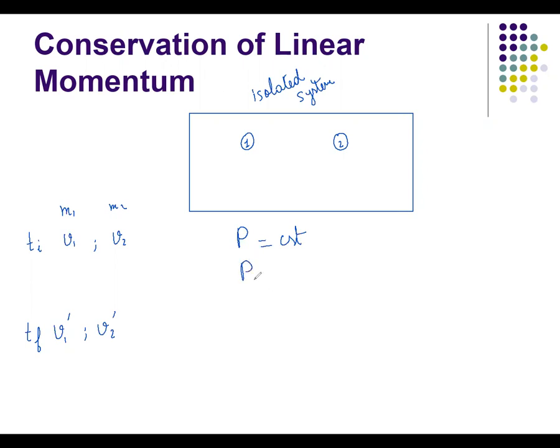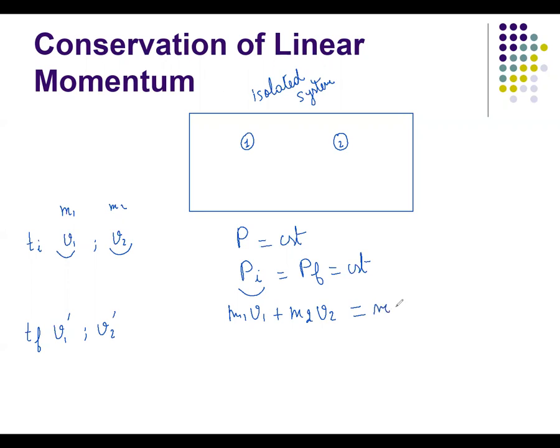So P at the initial time equals P at the final time equals constant. Initially, we have m1 v1 plus m2 v2, and at the final time, we have v prime 1 and v prime 2.